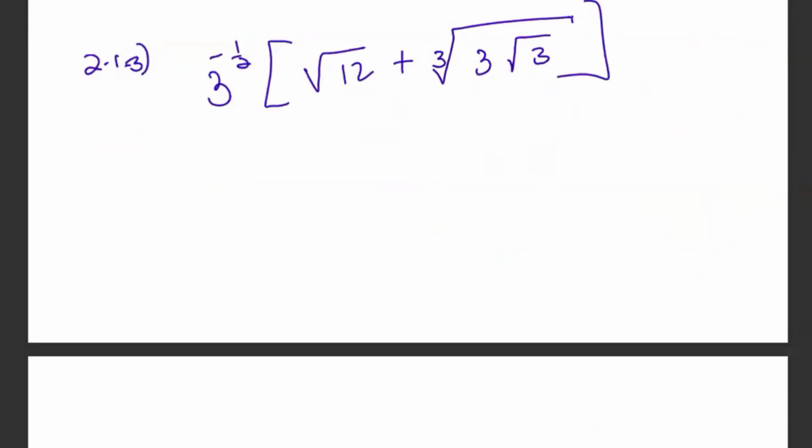Let's simplify the root 12. We know that root 12 is the same as root of 4 times 3. The square root of 4 is 2, which means it's 2 root 3.